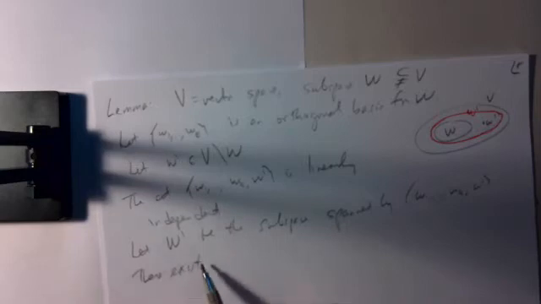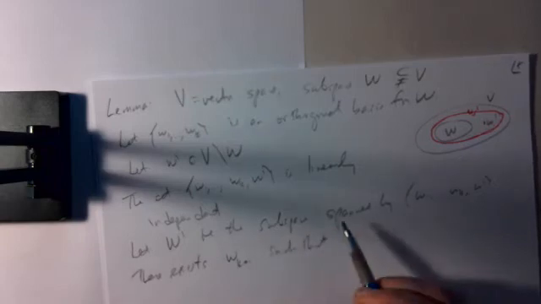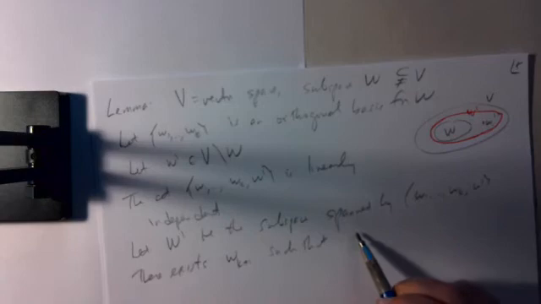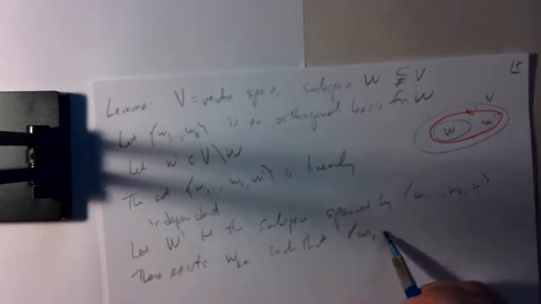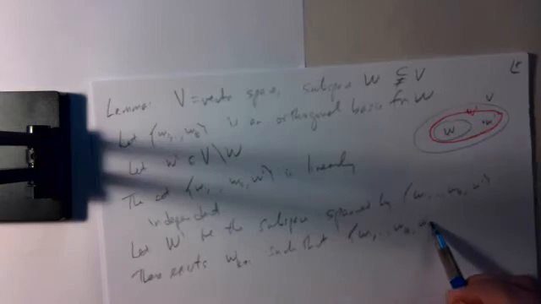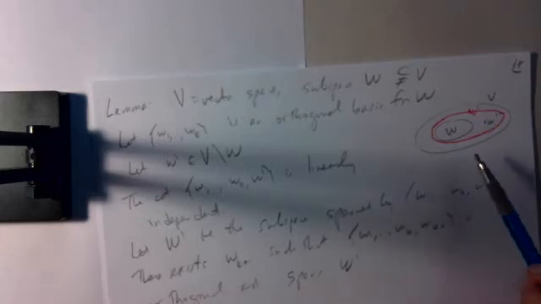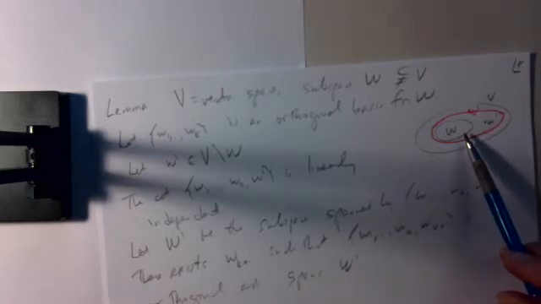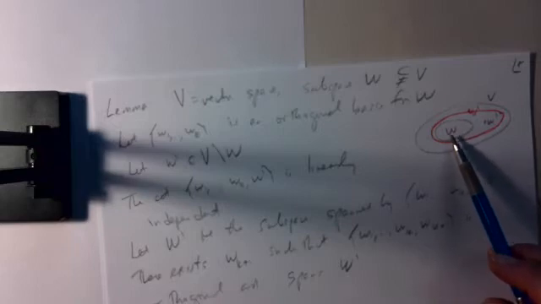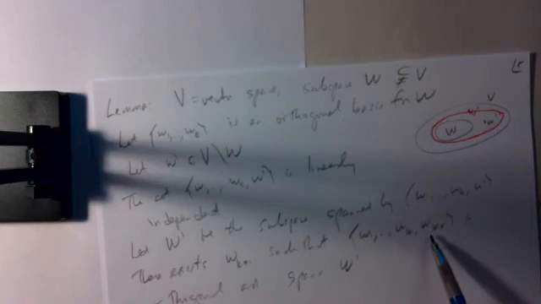Then there exists a vector W sub k plus 1 such that the set of k plus 1 vectors, W1 up to WK plus this new vector, is orthogonal and spans the new subspace. So I can find a vector to add to W, so I have an orthogonal basis for this new larger subspace.